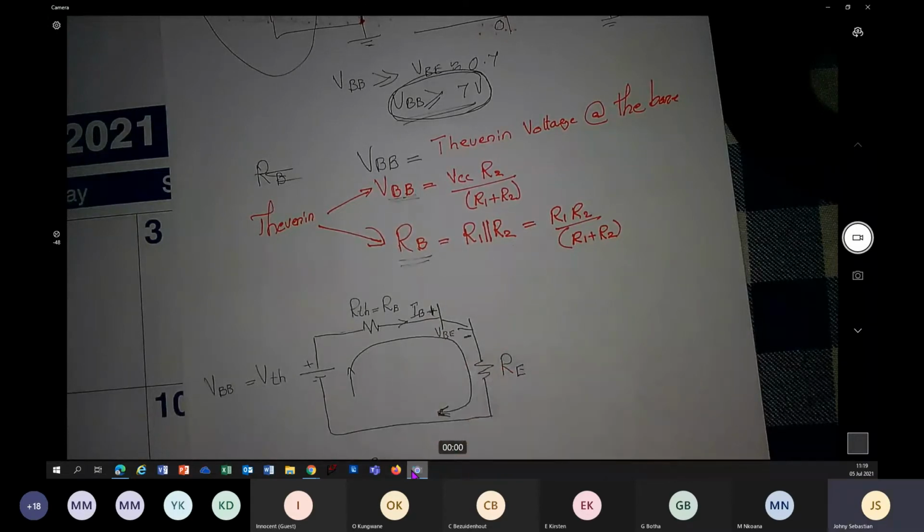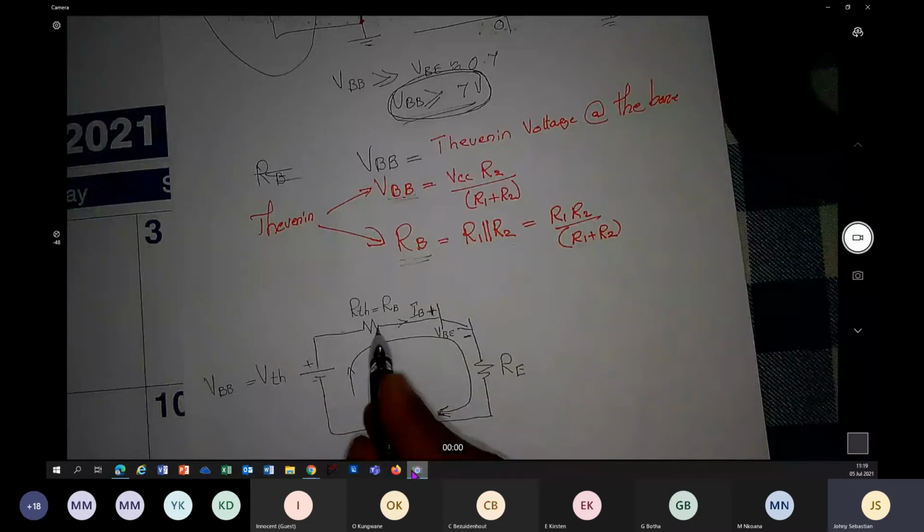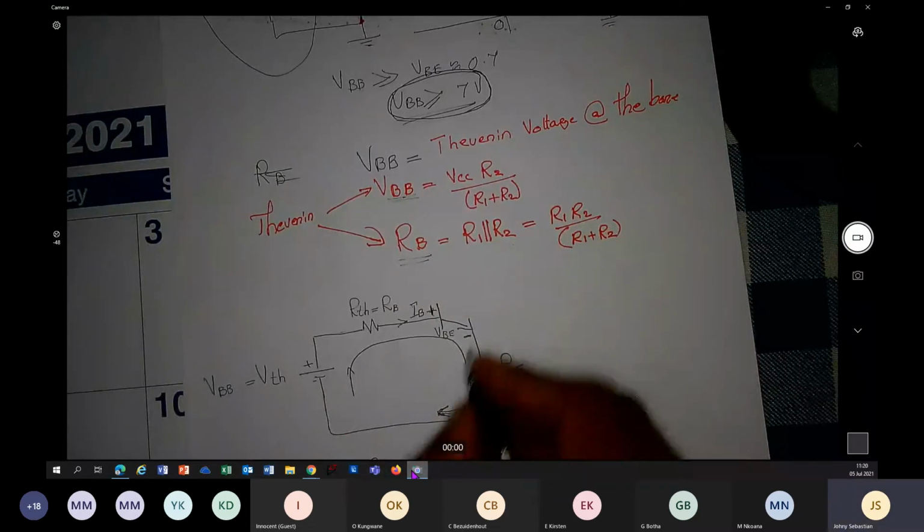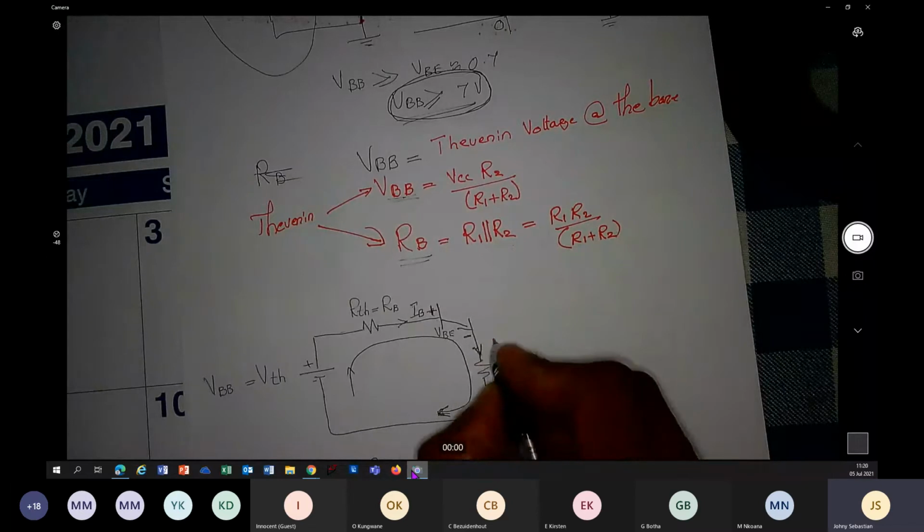Therefore, we go in the direction from positive to negative. It is negative sign minus VBE. So we started with VBB minus IB times RB minus VBE. Then the current through that component, the emitter resistance, we call emitter current IE.